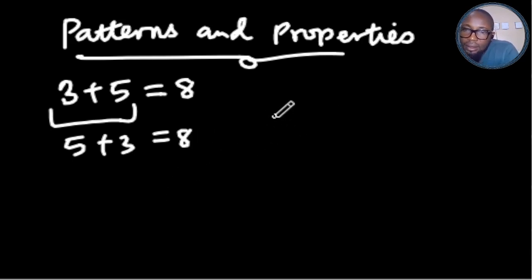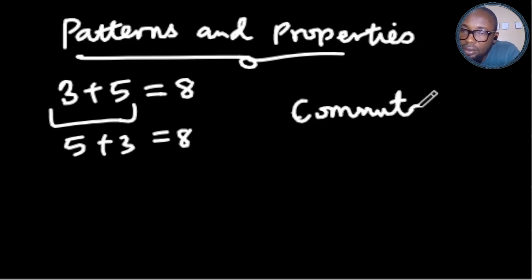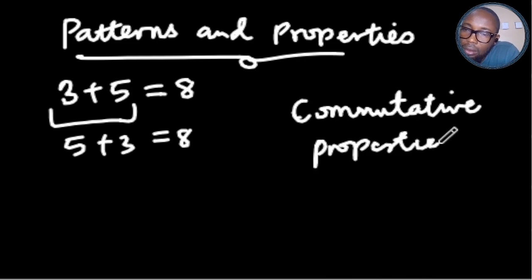So this is what we call the commutative properties of operations. So what does this mean?